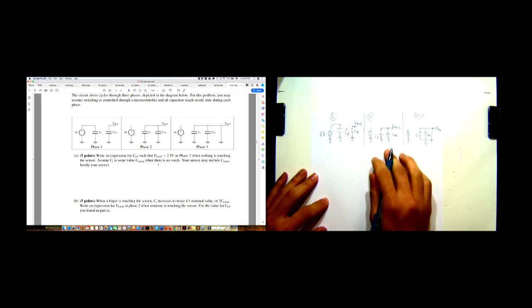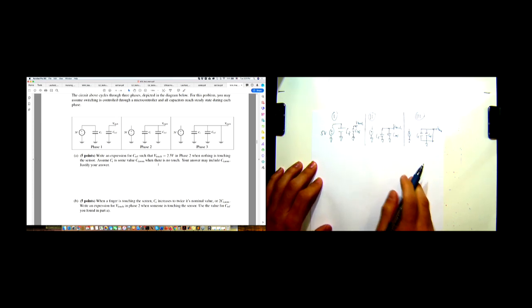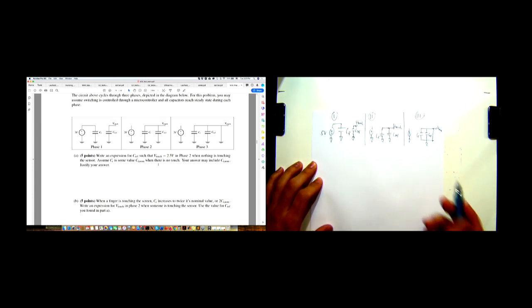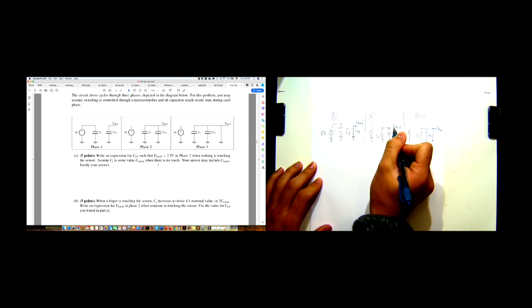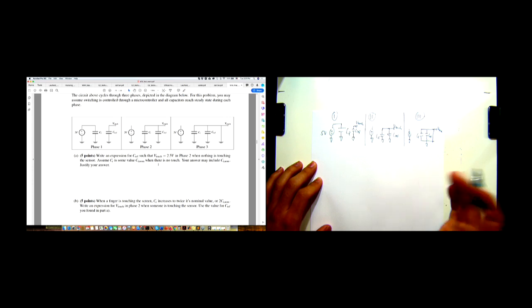Part A is asking to find a solution such that in phase 2, V-touch is equal to 2.5. The first thing to notice is that in phase 2 we actually have charge sharing, because even though we're measuring V-touch, it's not actually connected to anything, so it's not drawing any current.